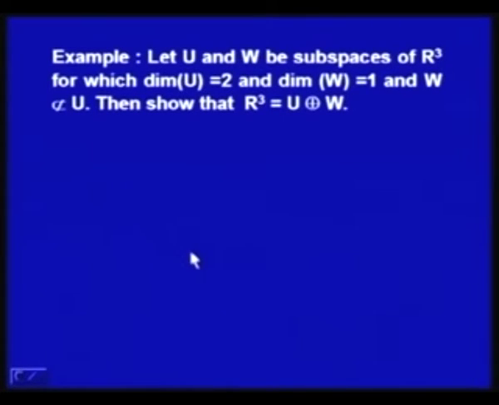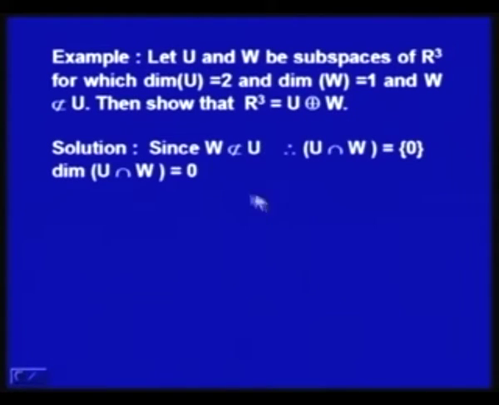So, I have taken an example from matrices. Now, this is another example. Let U and W be subspaces of R cube for which dimension of U is 2 and dimension of W is 1, and W is not a subset of U. Then you have to show that R cube is equal to U plus W. Now, since W is not contained in U, there is nothing common between W and U. They are subspaces, so definitely the null vector has to be there.